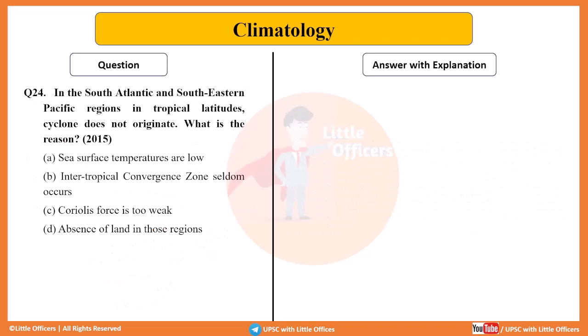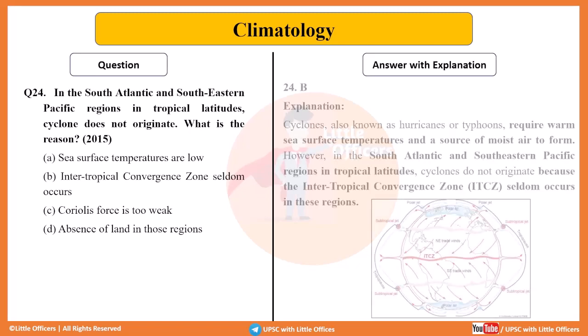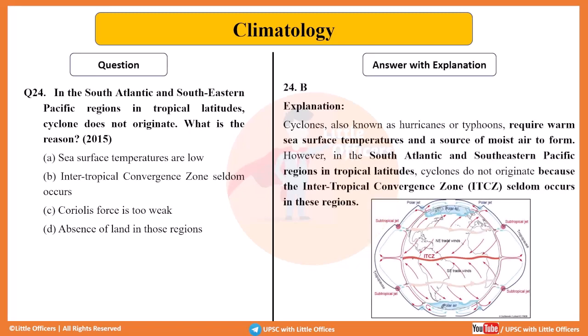Next, in the South Atlantic and Southeastern Pacific regions, in tropical latitudes, cyclones do not originate. What is the reason behind it? So tell me, what are the reasons? Sea surface temperatures are low, intertropical convergence seldom occurs, and Coriolis force is too weak. See, this you can remove, because tropical location means Coriolis force is good.